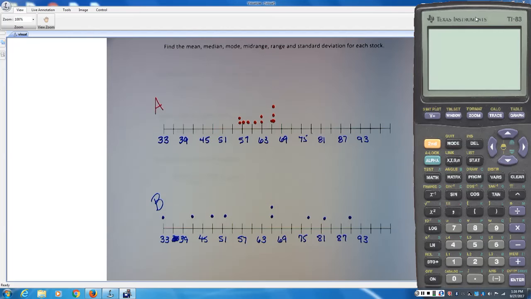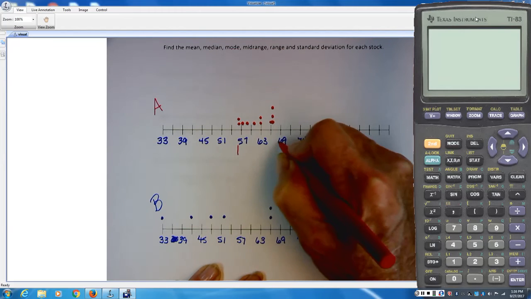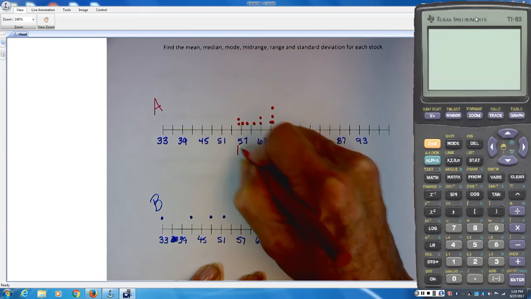Can you see visually how much more spread out stock B is than stock A? The range for stock A goes from here to here.